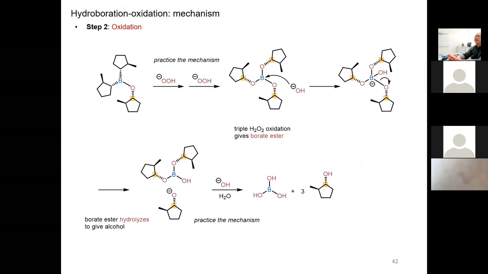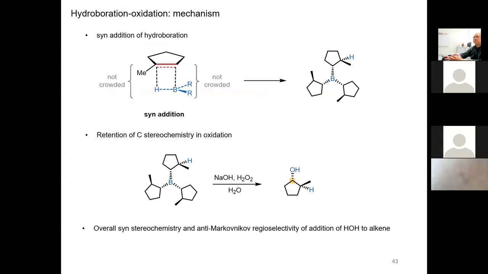So all these results of stereochemistry have mechanistic reasons behind them. And if you understand the mechanistic reasons, you understand the stereochemistry. Okay, so as I mentioned here, syn addition is because this is a concerted mechanism, right? And the anti-Markovnikov selectivity is because the boron has to stay away from the methyl substituents here.